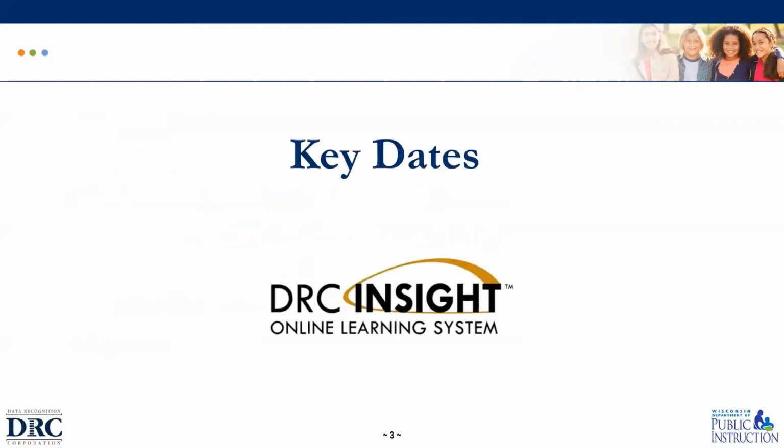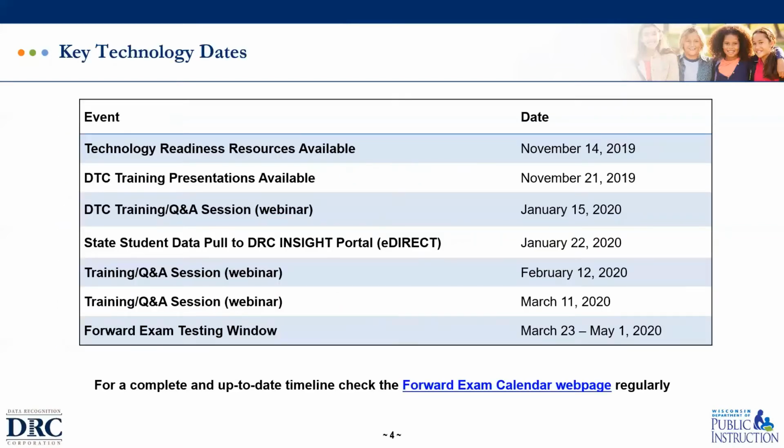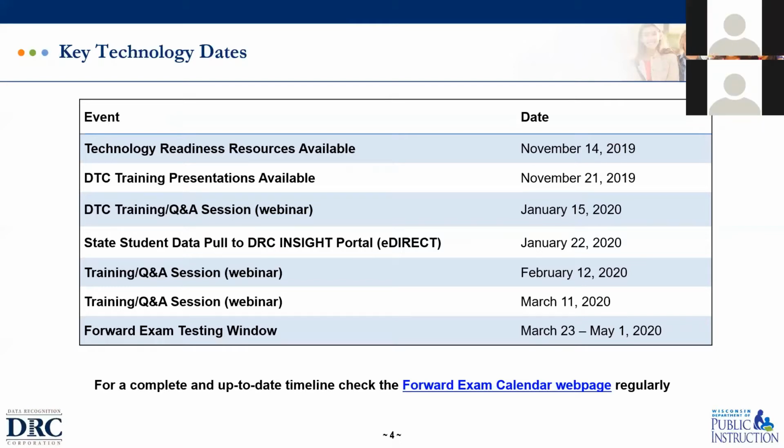So let's start out with the key dates. As of November 14th, all of the technology readiness resources are available on both the Wisconsin Forward website and the DRC Insight portal. We're going through those resources later on in the presentation.